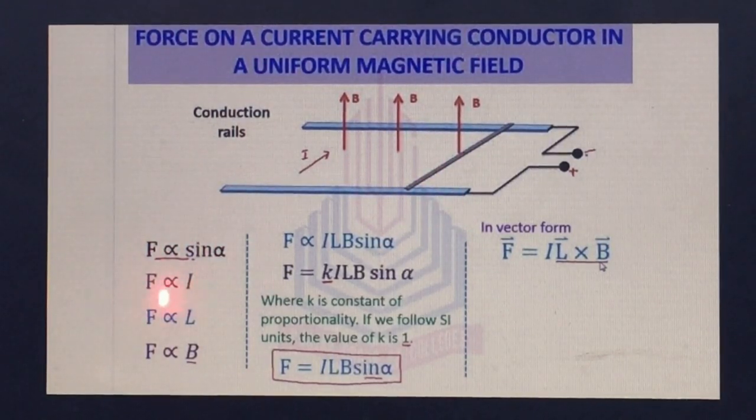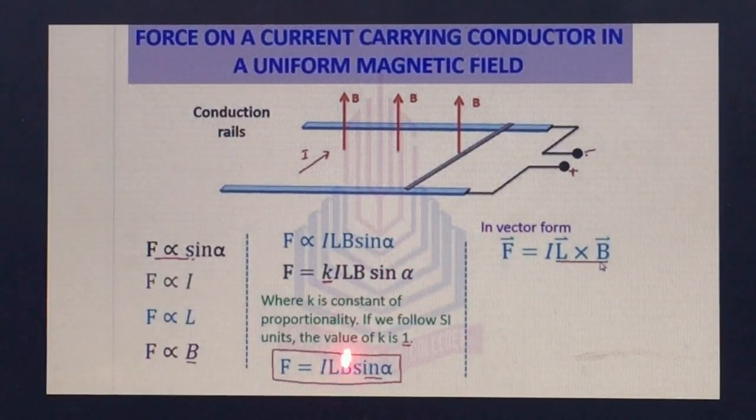It is also proportional to the current flowing through the conductor, to the length of the conductor, and to the strength of the field B. If you combine all these four, you will have a single expression: the force is directly proportional to the current, length, B, and the angle. From mathematics, remove the proportionality sign, and you have F equals K I L B sine alpha.